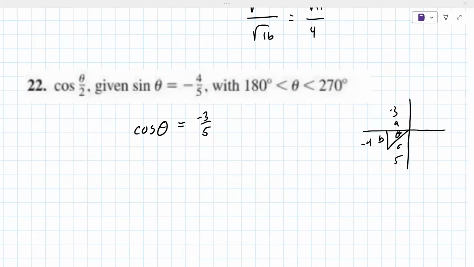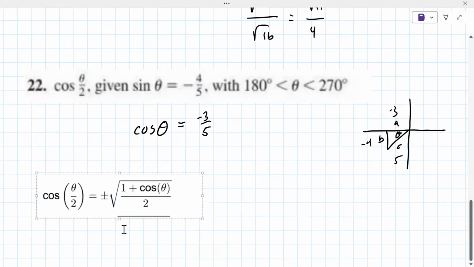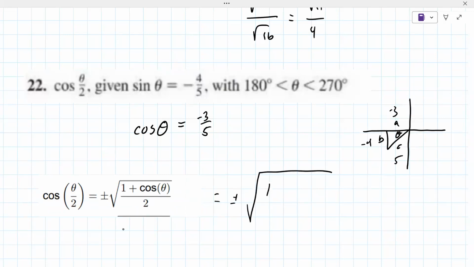Here we go. All right. So this is now plus or minus the square root of 1 minus 3/5 divided by 2. Could you simplify inside the root for us, please? 2/5 over 2.